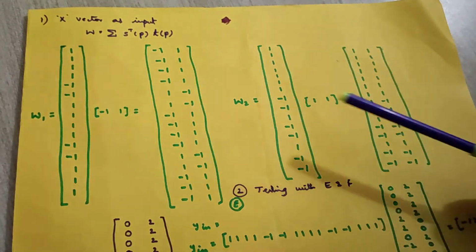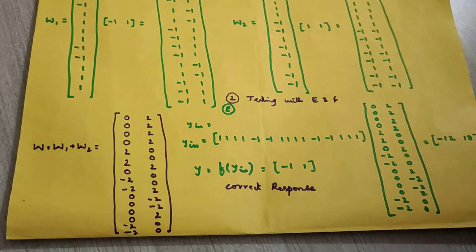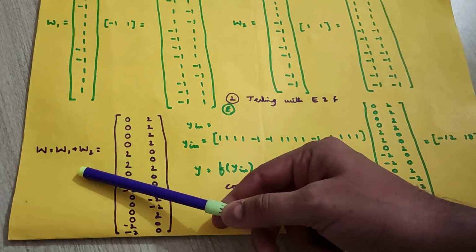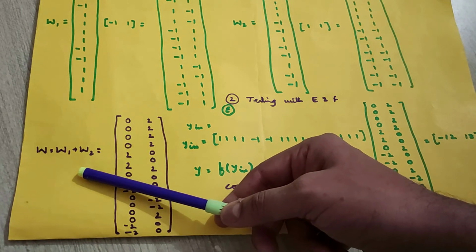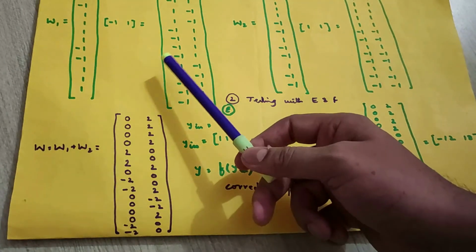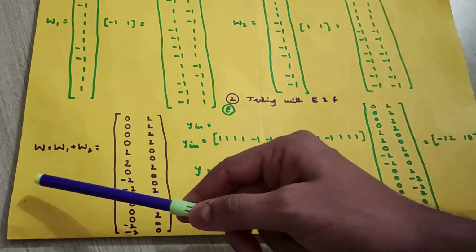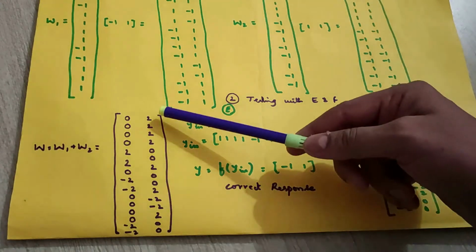Once we have found these two matrices, now I need to find the final weight matrix for my BAM network by incorporating both capital E and capital F. So I simply add these two. W1 plus W2 will give us capital W, and that will be equal to this matrix.